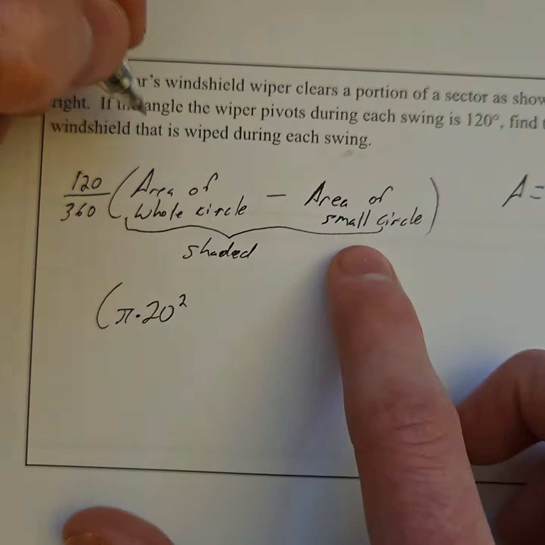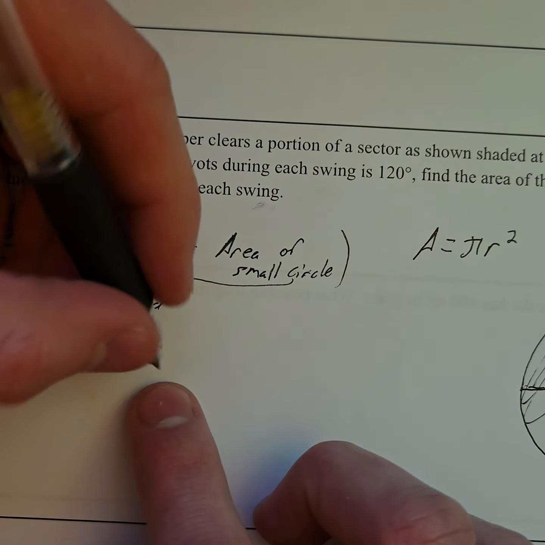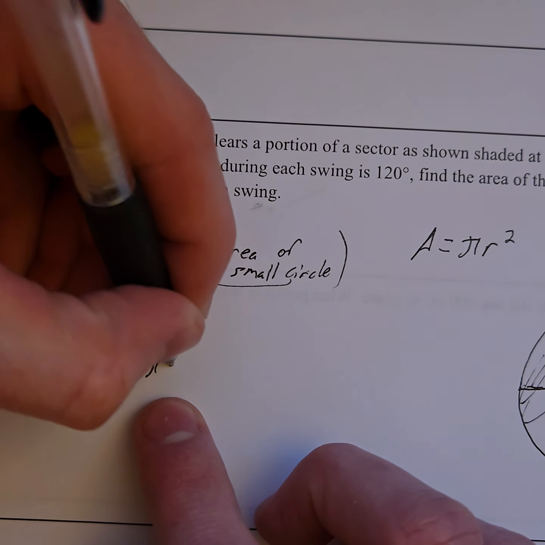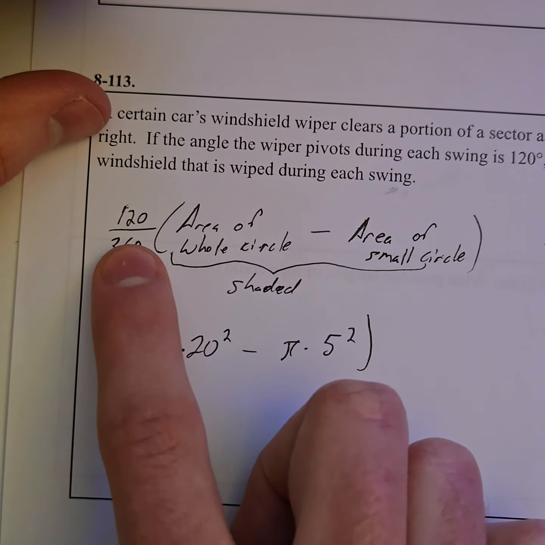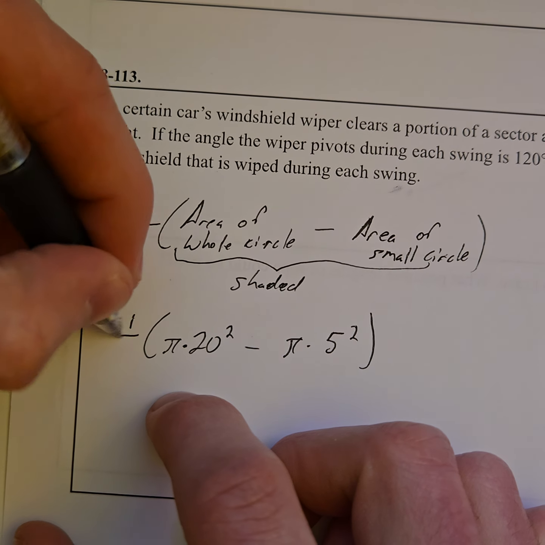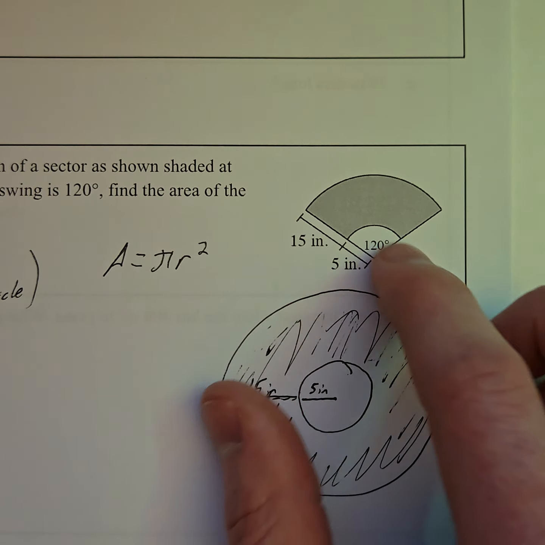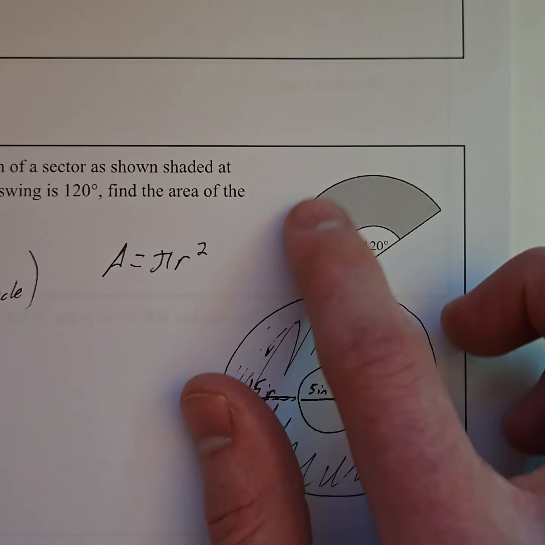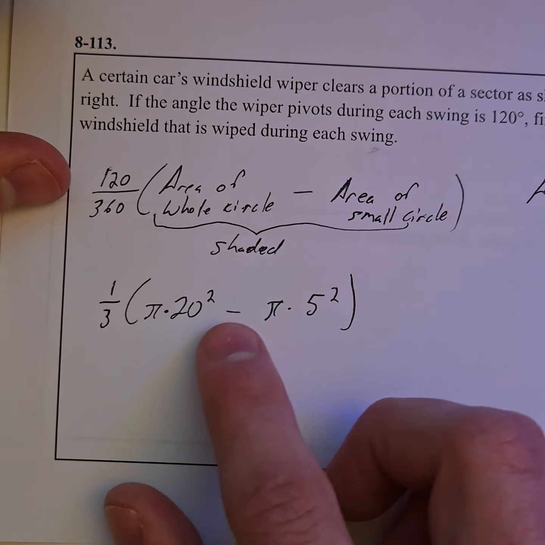Okay, that's the whole circle. And then the small circle is going to be a radius of 5. So we want to subtract pi times 5 squared. Okay, and then this fraction, 120 divided by 360, that reduces to 1/3. Because we just want 1/3 of that full circle is what's being wiped there. So 1/3 of that circle.